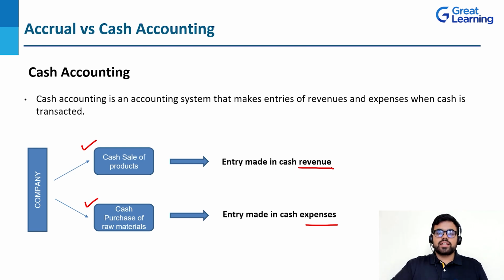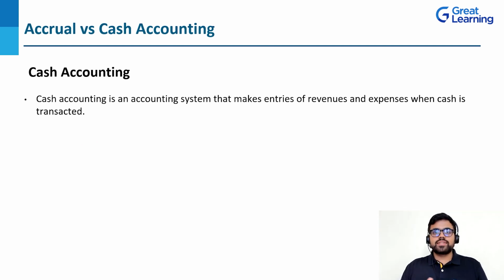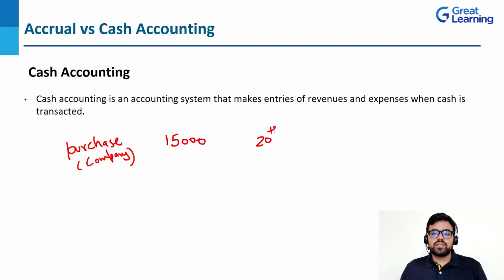Okay, let's take an example. Let's say that you are a retail phone seller. So for that, you would need to first purchase the phone from the company and then sell it to the customer, right? So the first step would be to purchase the phone from the company. Let's say you paid 15,000 rupees to get that phone on, let's say, 20th December.